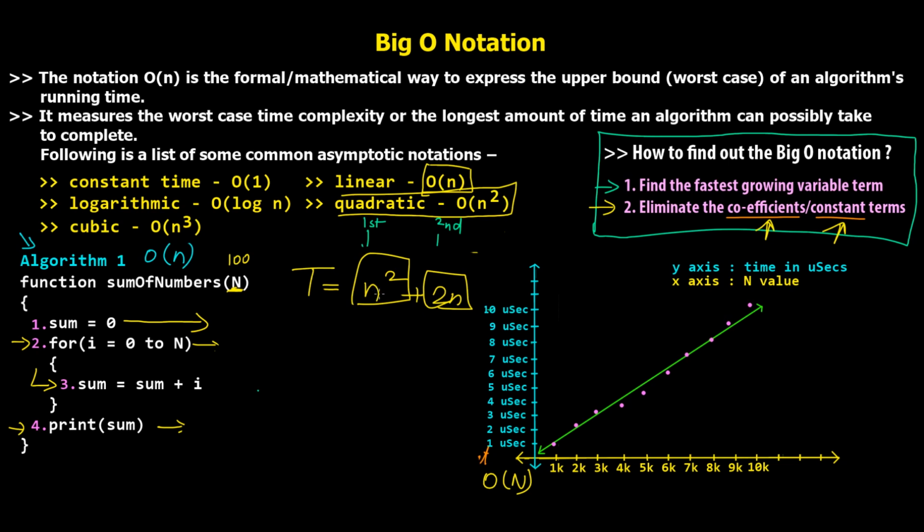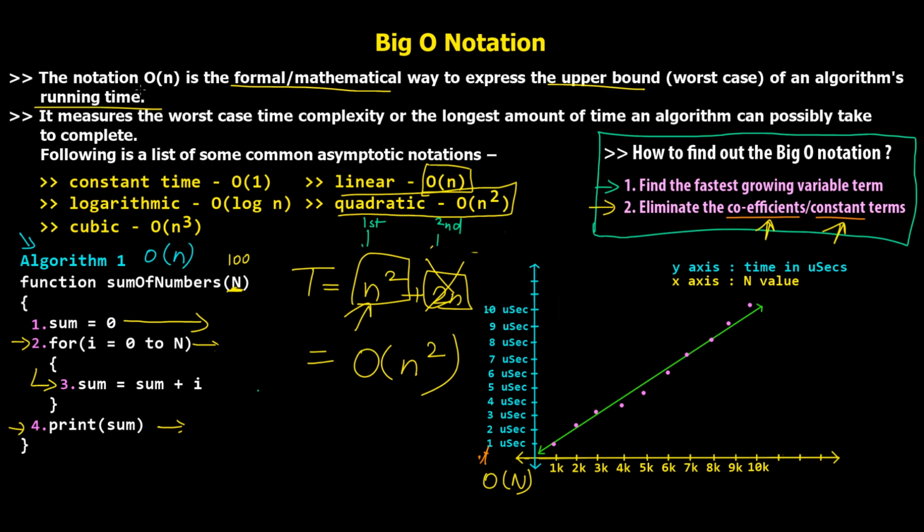We want the worst case scenario. So in that case, we have to eliminate this part and we just focus on this n square variable, and ultimately we will end up with O of n square. So I hope you are understanding how we calculate big O notation by ourselves in a practical sense.